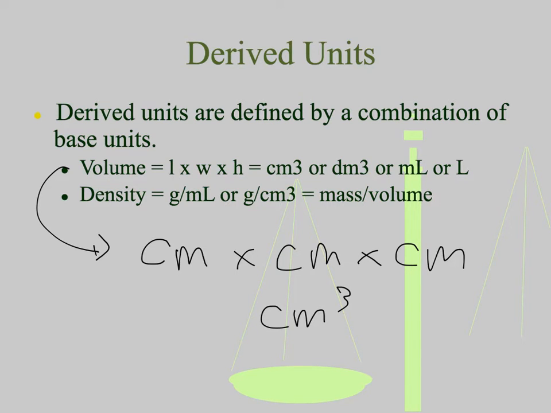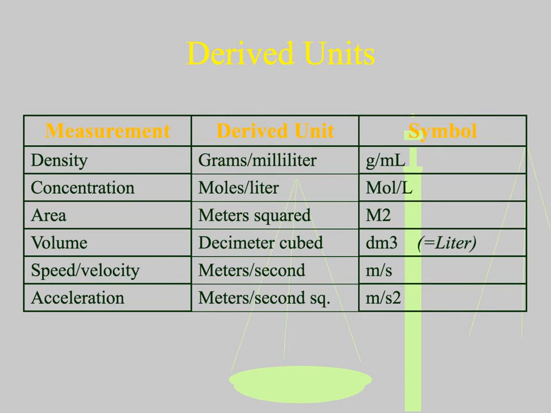That is a derived unit because now you have more than one unit. Density is mass over volume, so there are two base units in density. This is considered a derived unit. Here are some more examples of derived units: density, concentration, area, volume, speed, and acceleration.